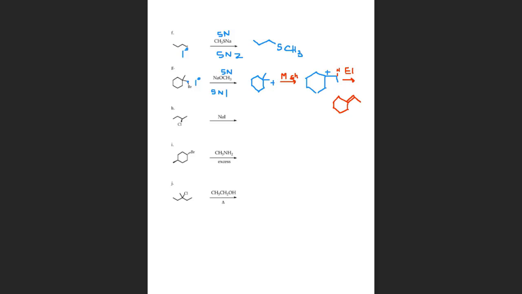Okay. So not E2 because there's no hydrogen on the adjacent carbon. Yeah, exactly. There is no hydrogen on the adjacent carbon. And it's also a primary carbon. So for E2, usually we like tertiary and secondary, I would say, more than a primary.